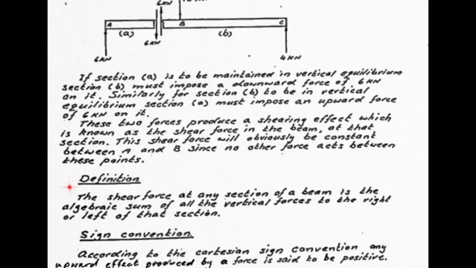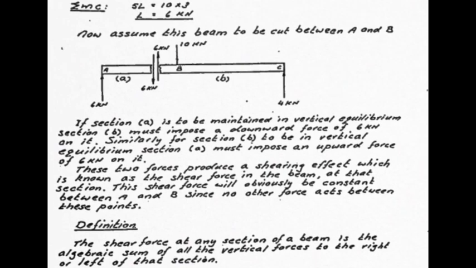So a slightly more formal definition of what we've just done is that the shear force at any section of a beam is the algebraic sum of all the vertical forces to the right or left of that section. An easy way to do this is to go to the beam, place your hand on the beam such that you expose one side and cover the other side.